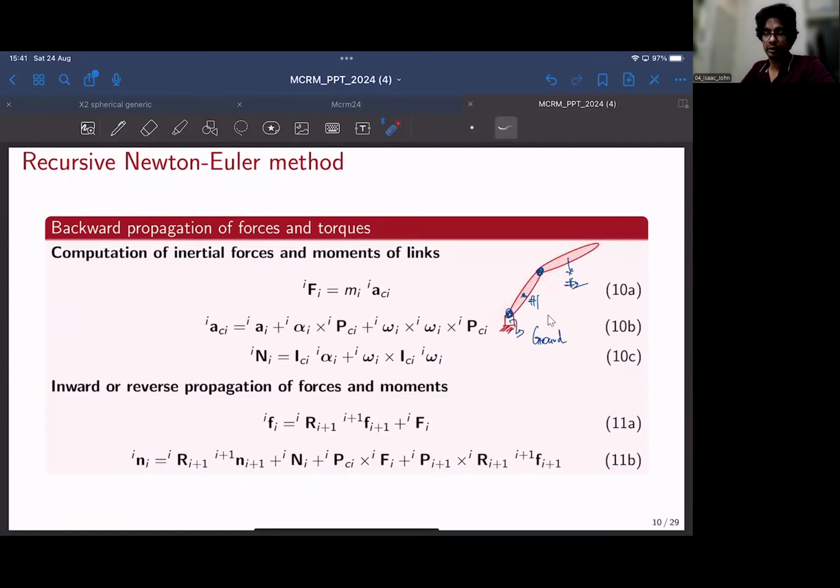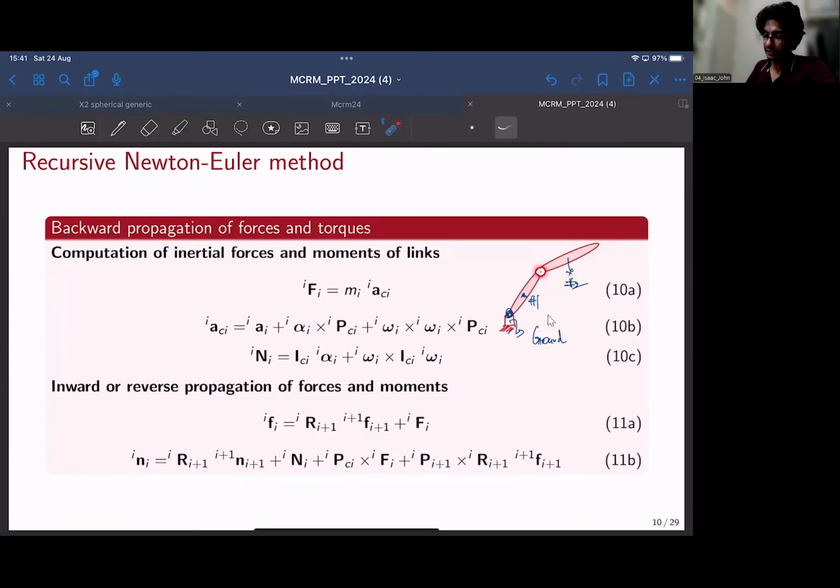And it's fairly straightforward to understand intuitively, because a payload will always have a weight at the end effector or the gripper. If you are given the weight of the payload, what will be the force at this end of link 2, right?